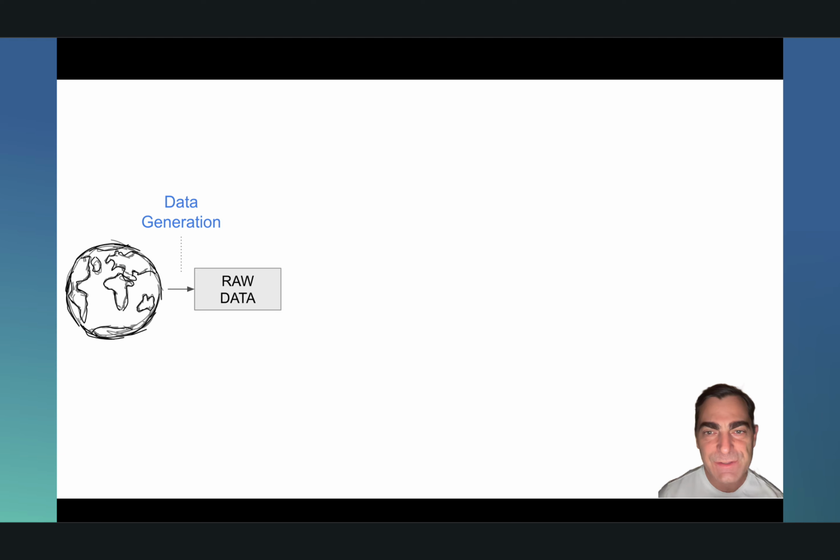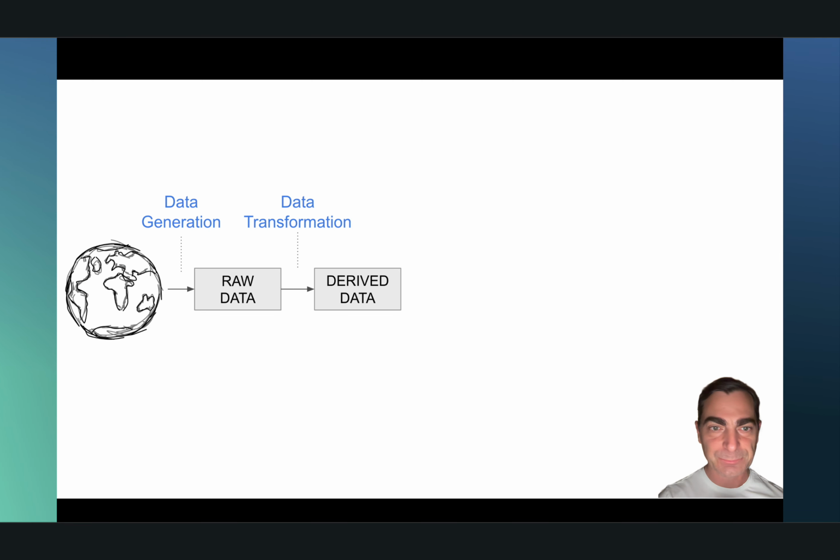First of all, the first thing to understand is that data comes from some kind of data generation process that captures aspects of reality we are interested in. So this is what we call raw data, and it's always a coarse or limited representation of reality.